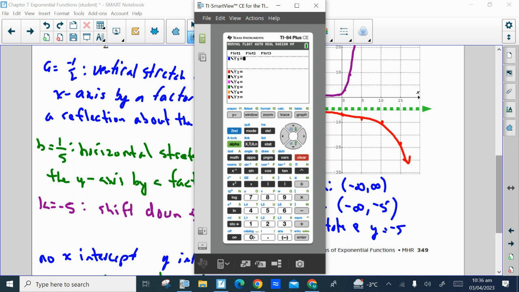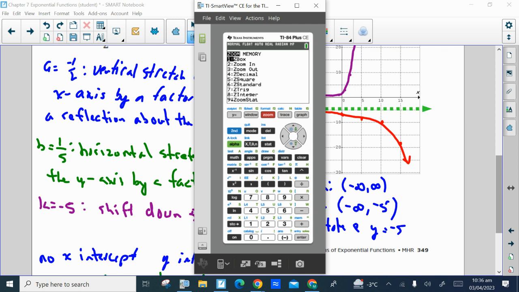So our equation is y equals, and I can use negative 0.5 because 1/2 is exactly 0.5. In brackets, I'll put a 3 to the power of, I'll use brackets again to keep my 1 over 5 together. 1 over 5x minus 5.